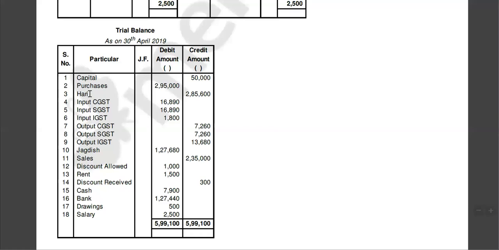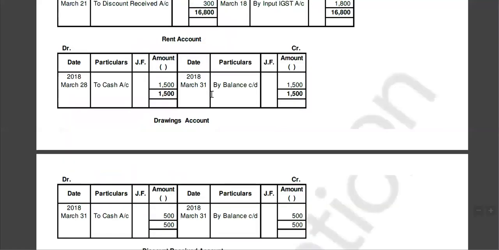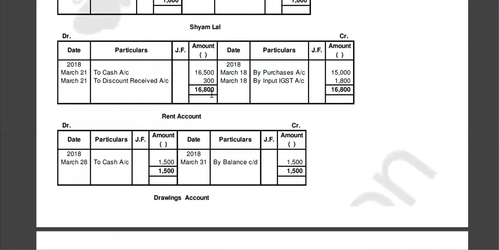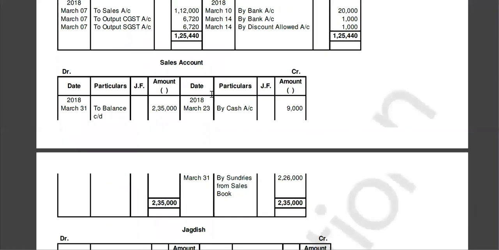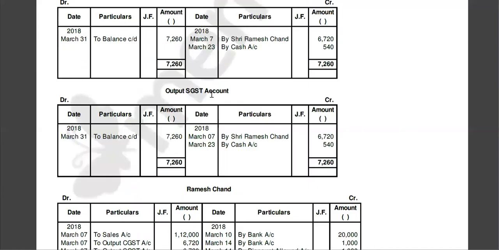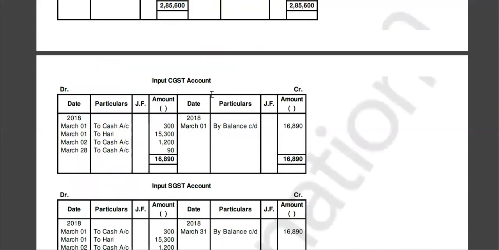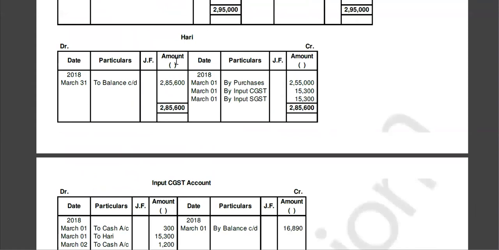Hari is credit sale, Hari involved in credit sale. So 2,85,600. I'll show you how to decide debit or credit. See Hari's ledger book. So balance carried down, no?